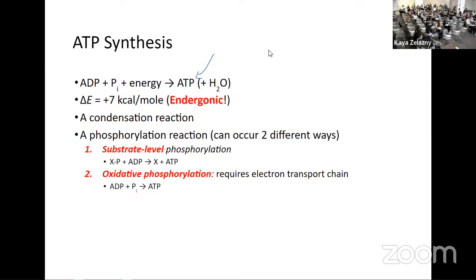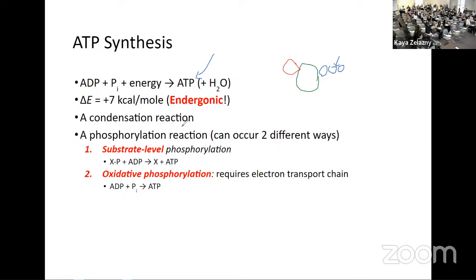So we have our sugar, and then I'm going to put the phosphate groups here, 1, 2, 3. So this takes energy, it's endergonic, because you need to form that 3rd bond if you're starting with ADP, which had only 2 phosphate groups.